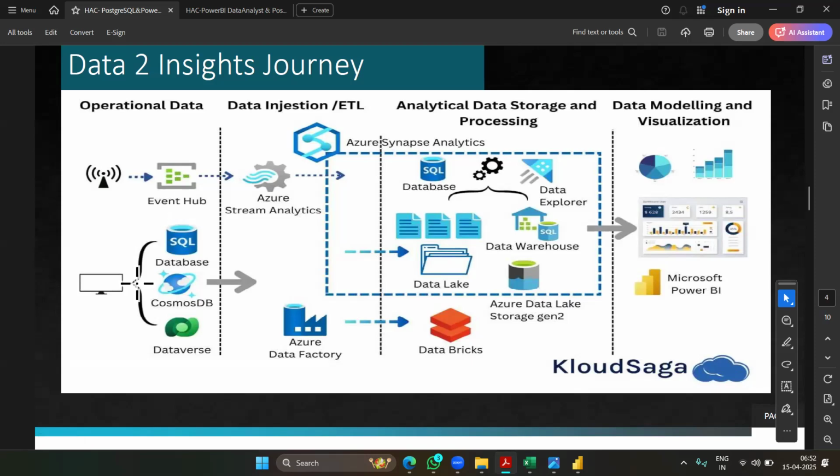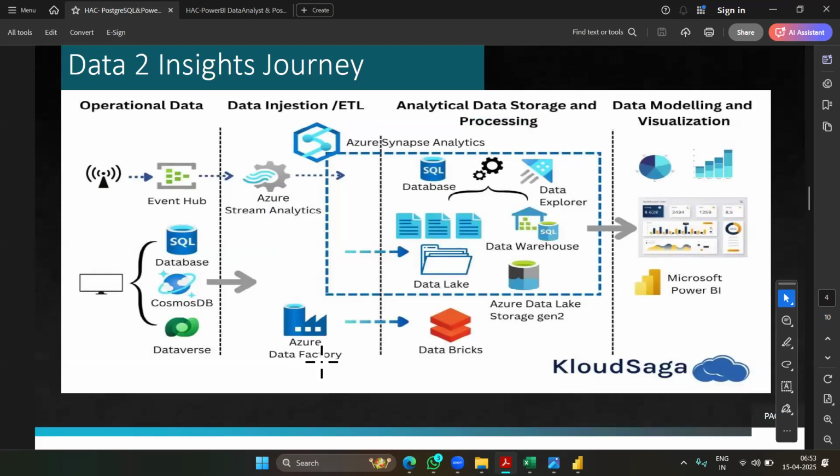These are all different databases. Also, to get real time data, we have Event Hub tools. And all this data we are going to copy into data ingestion or ETL, extract, transform, load.